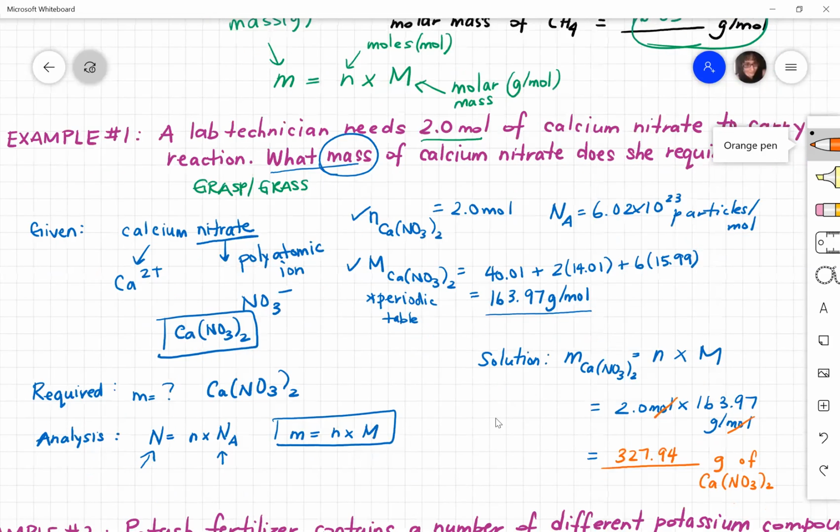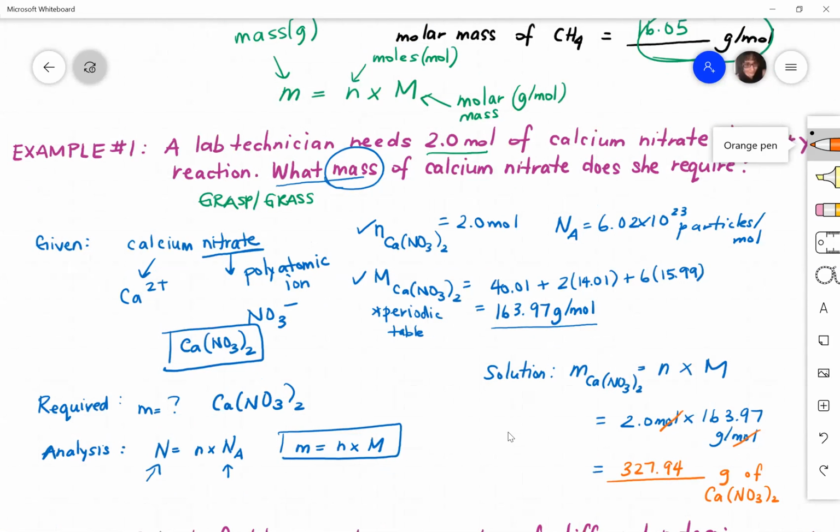Right? And if you wanted to write a final therefore statement, you could say, therefore, she needs, and how many significant figures do you need? Well, you only have the small significant figures here, 2.0, so you just need 2. So you could just round this to the nearest whole number, 330 grams if you like.